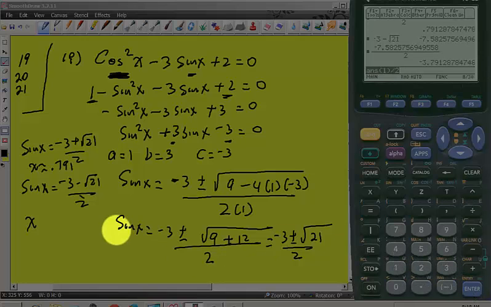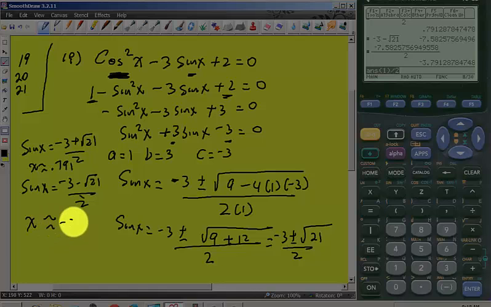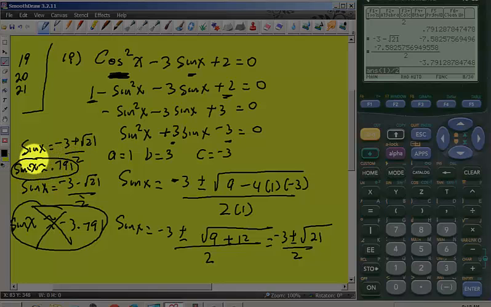That turns out to be approximately negative 3.791. So this is sine of x. Sine of x can never be lower than negative 1, so I can throw that out. So what I have left is right there. Sine of x equal to 0.791.